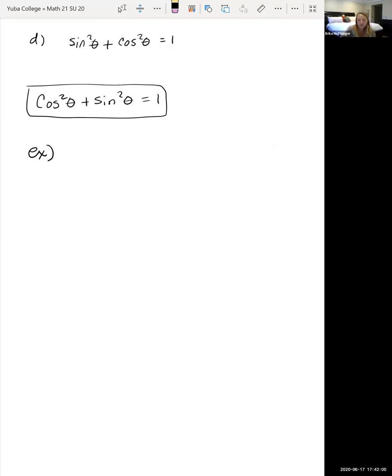Okay, so if you're given a trigonometric function and what it's equal to, you should be able to find all the other trigonometric functions. So for example, if you were given the following triangle, where the vertical leg is 2, theta is the upper angle, and the hypotenuse is 4.